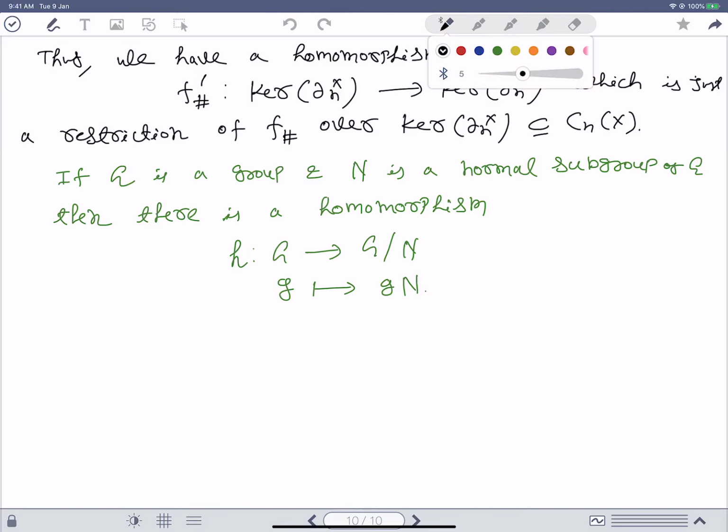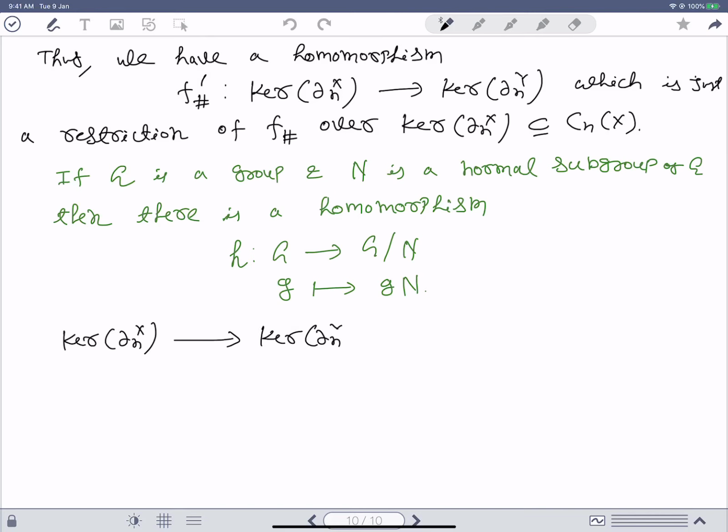So from the kernel of del n x to the kernel of del n y, we have a homomorphism, say f hat dash, right? Now from this we have some homomorphism to the kernel of del n y quotient with the image of del n plus 1 y, right?